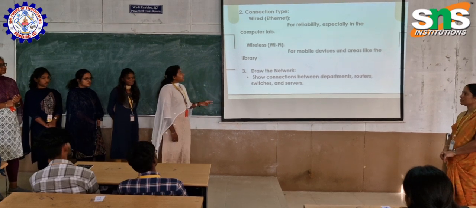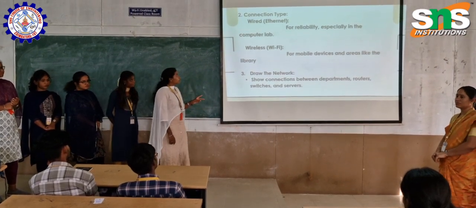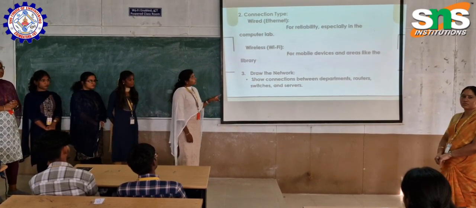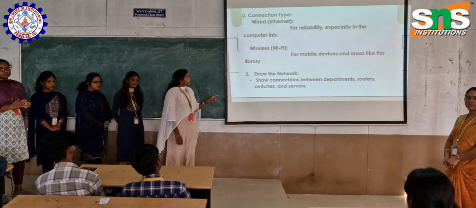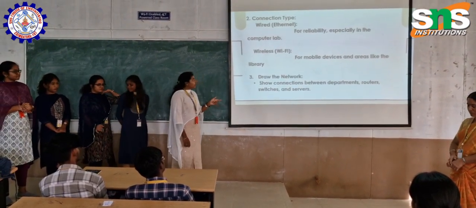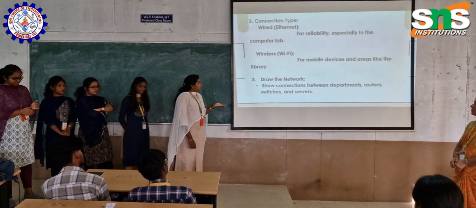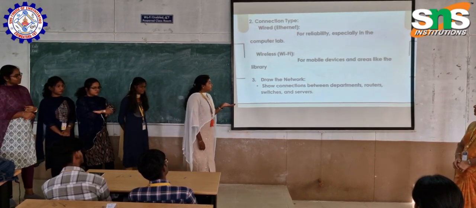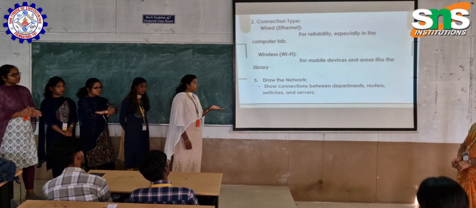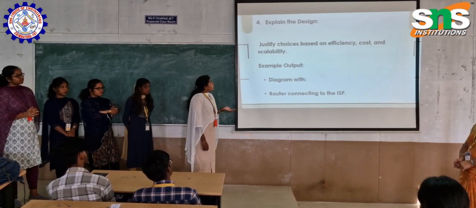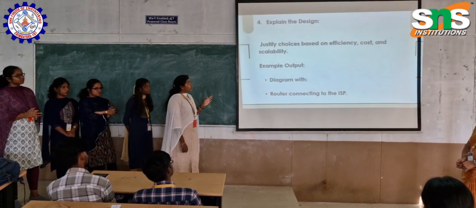And the second thing is connection type. Here there are 2, wired and wireless. Wired is Ethernet, which is used in the computer labs, and wireless is Wi-Fi for mobile devices like in the library. The next is drawing the network, which shows the connections between the departments, routers, switches and servers. The fourth thing is explaining the design.